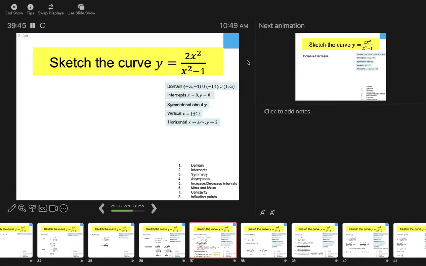So low d high minus high d low. There, I said it correctly. What's the low? x squared minus 1. Derivative of the high.